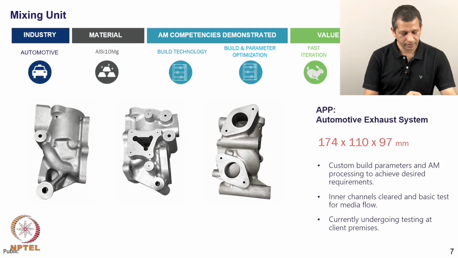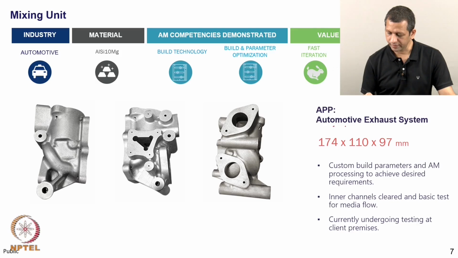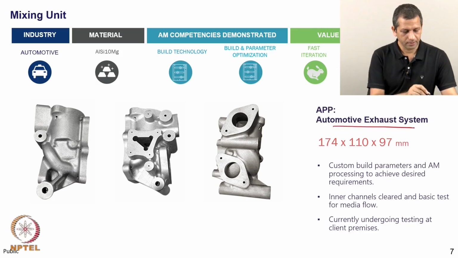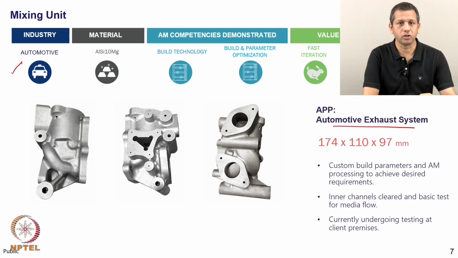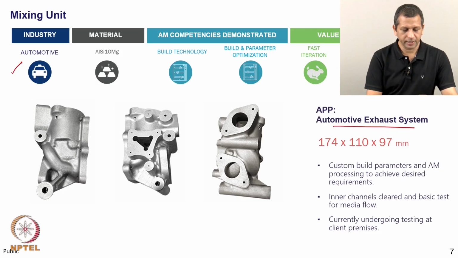Here is a mixing unit which is used in an automotive exhaust system. This is another example of application of additive manufacturing in the automotive domain. The material used for this assembly is aluminum silicon 10 magnesium, which has about 10% silicon, as you may remember from the session on metals for additive manufacturing.